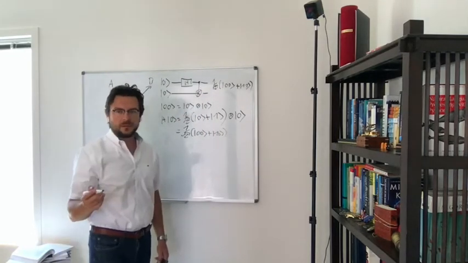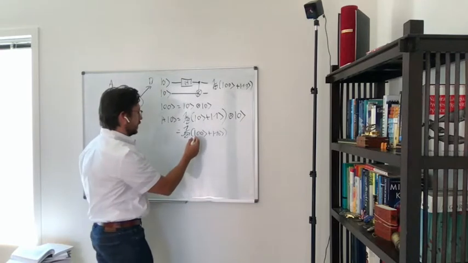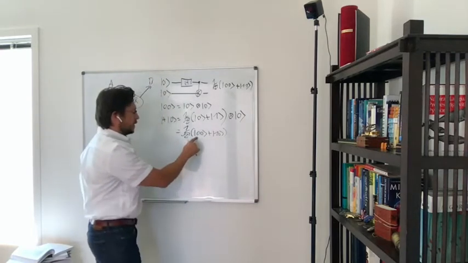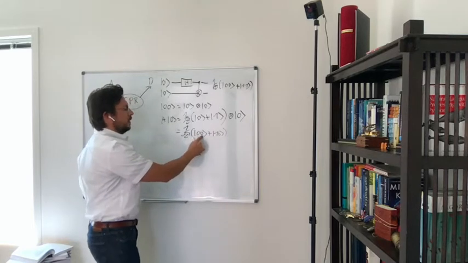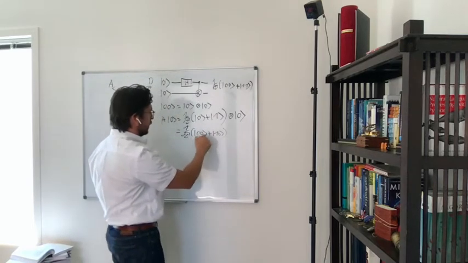You remember what the controlled NOT operation does: it takes the first qubit as a control bit and checks if that is 1 or not. If it is 1, it applies a NOT transformation to the second one.